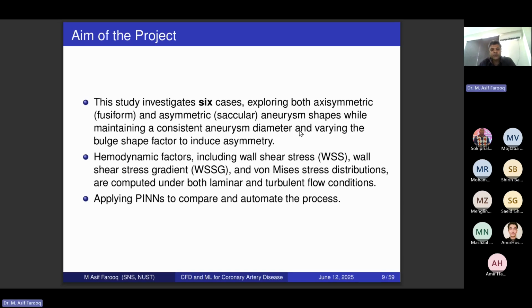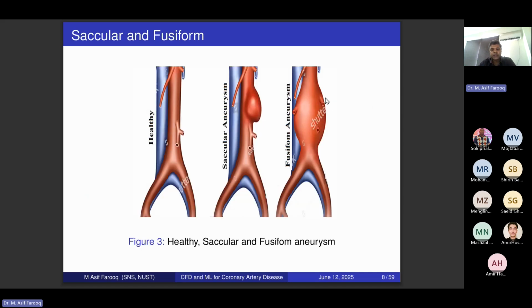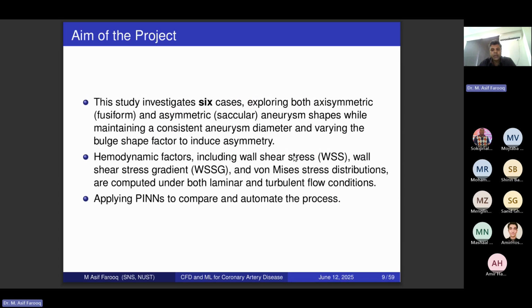So what is the aim of this project? The aim is to investigate 6 cases of axisymmetric and asymmetric cases. How can we identify whether a patient has an aneurysm or some problem in the aorta?